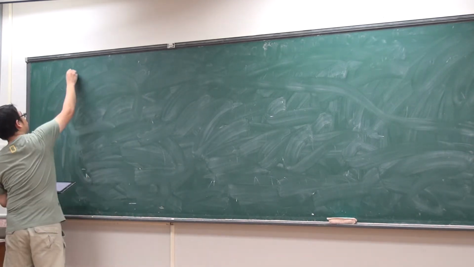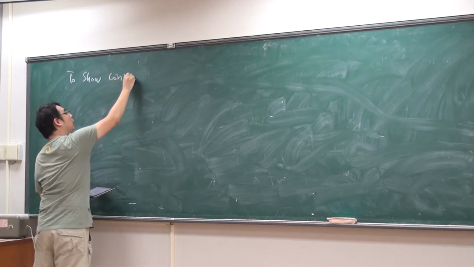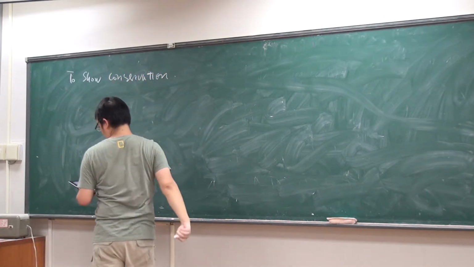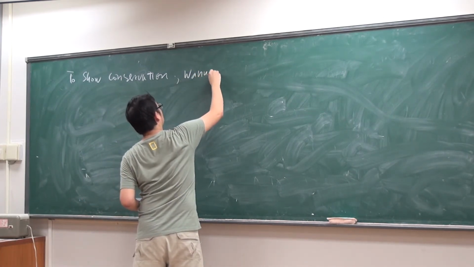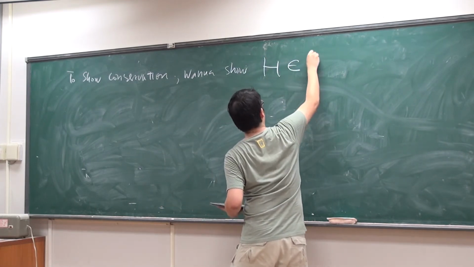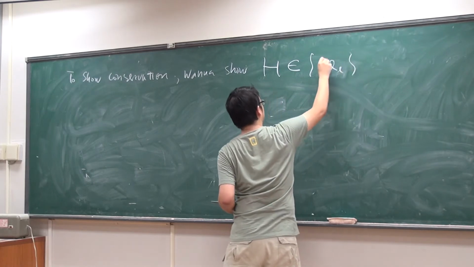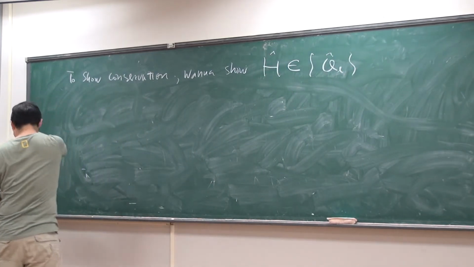To show conservation, we want to show the Hamiltonian is actually inside all these conserved charges and operators.